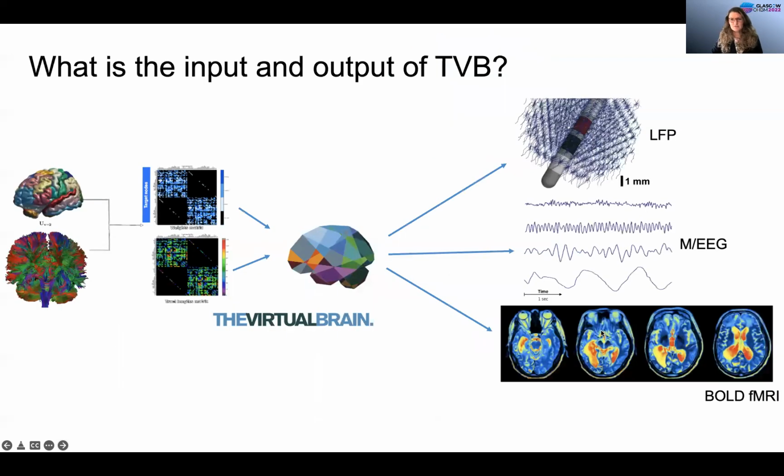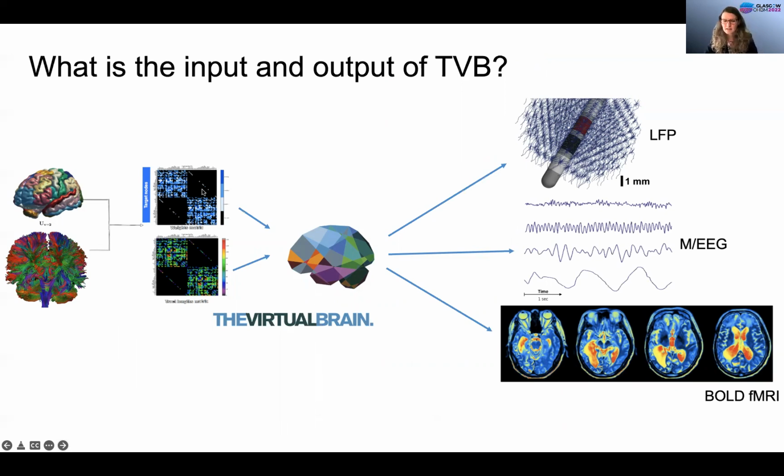So if that was maybe too fast for you, let's split it into input and output of the virtual brain. So the input to the virtual brain, what you would need to simulate your individual brain, would be an MRI image, best a diffusion tensor weighted image, with choosing a certain parcellation, which then gives you a matrix.